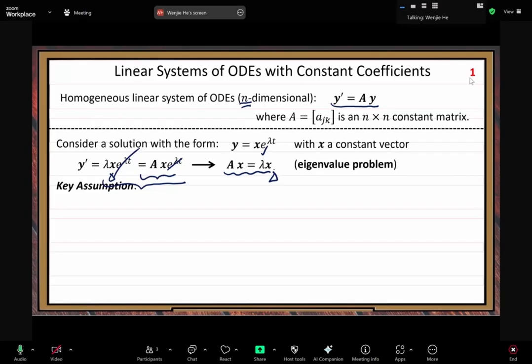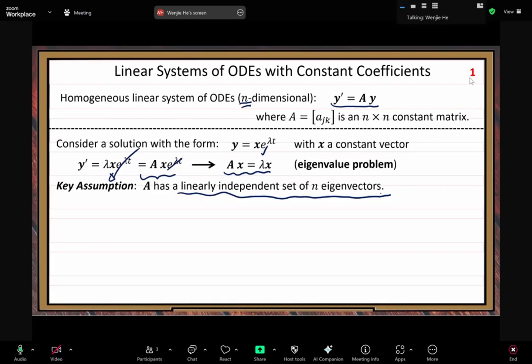Let's look at the assumption. We assume the matrix A has linearly independent eigenvectors. For most A, it satisfies this condition.